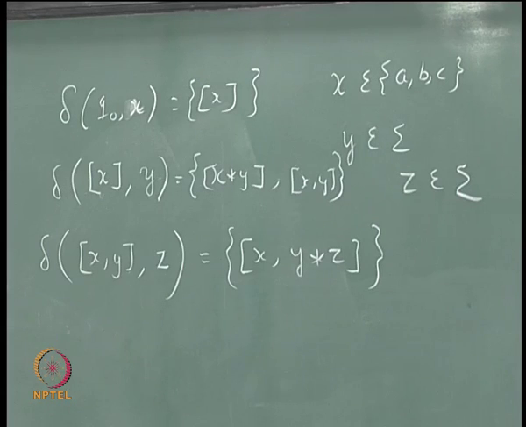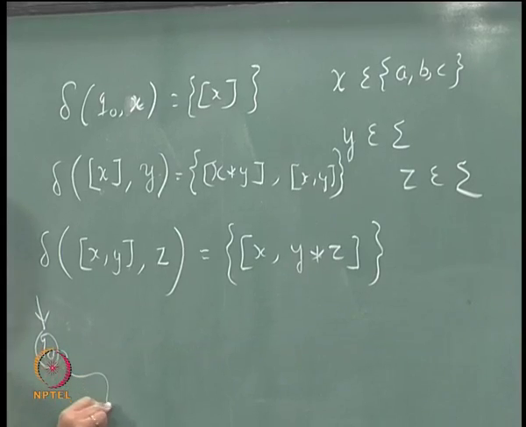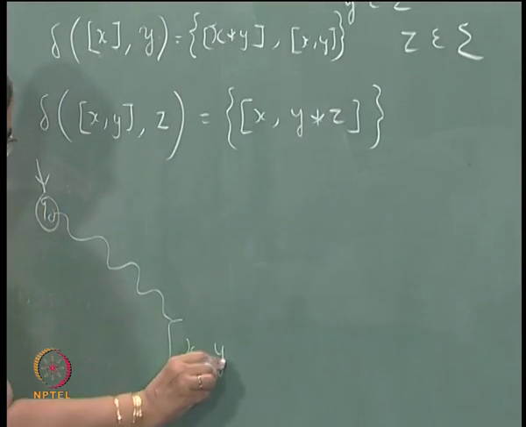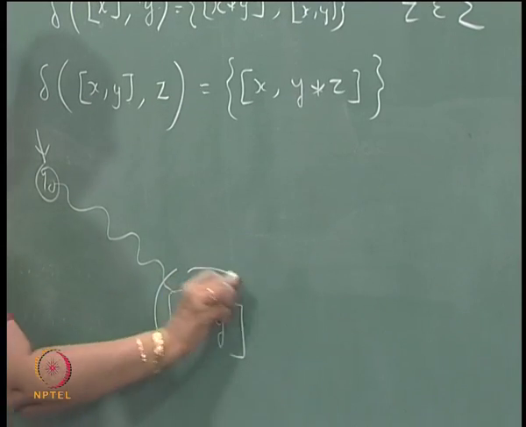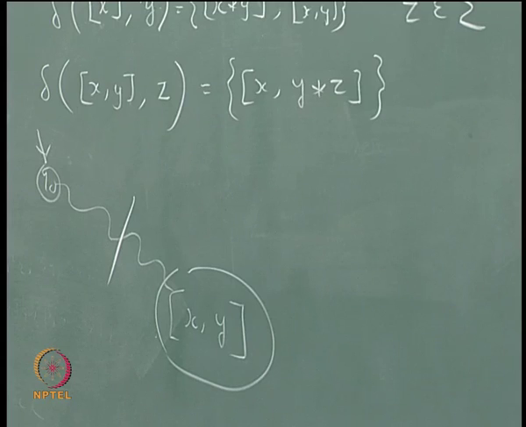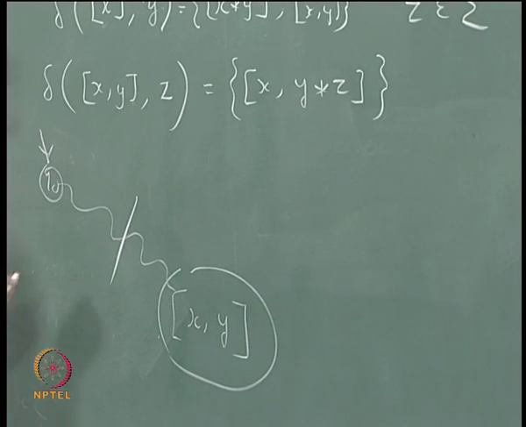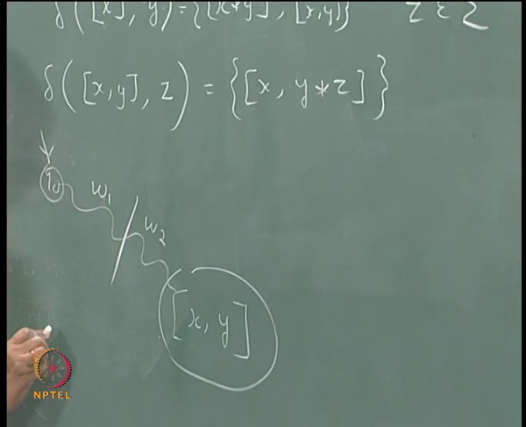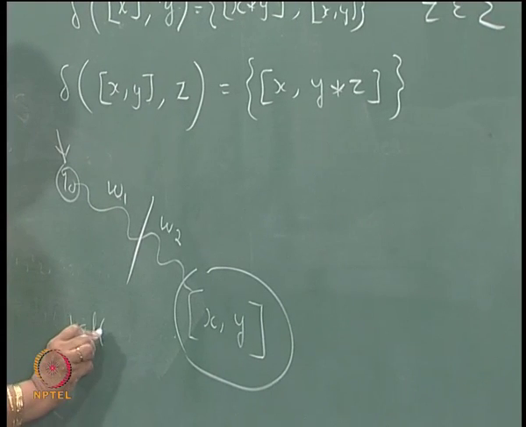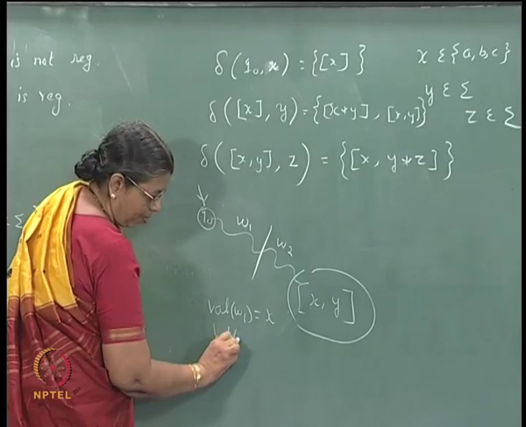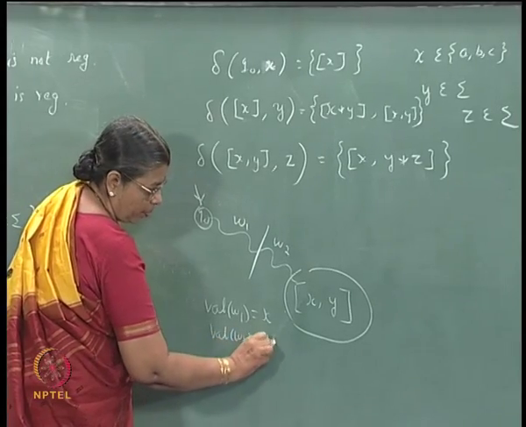In essence, supposing from Q naught, after reading a string, you go to a pair x y, a state like this. That means it is possible to split it in such a way W1, W2 such that the value of W1 is equal to x, the value of W2 is equal to y.